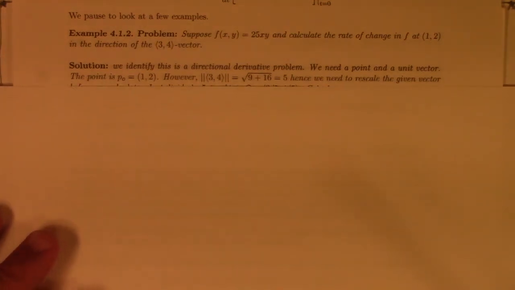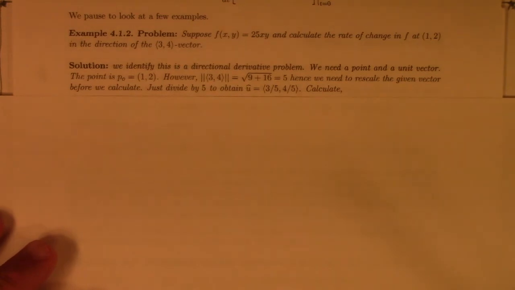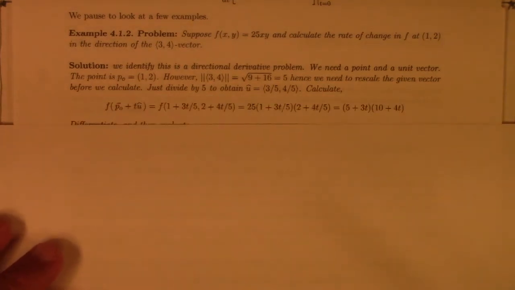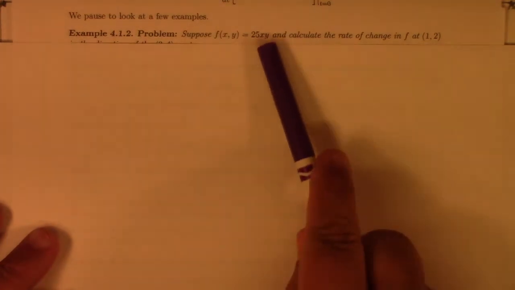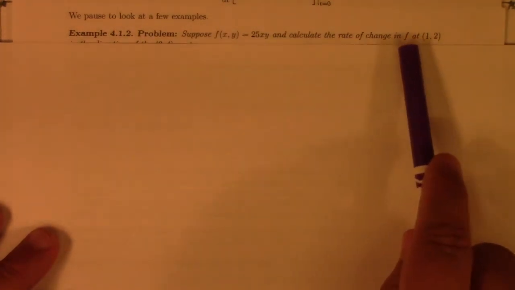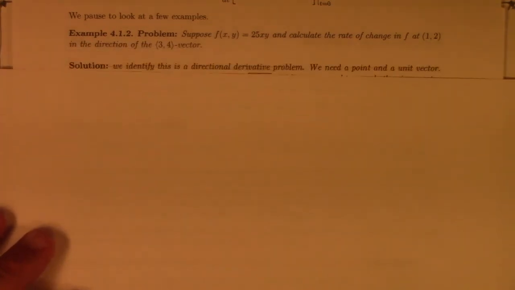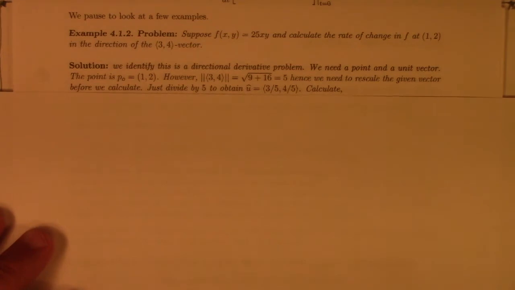Actually, 3, 4 is not a unit vector, so I have to divide by 5 to make it a unit vector. And so I need a function. Oh, there's my function. I failed to read my problem. f(x,y) is 25xy. I want to calculate the rate of change of f at the point 1, 2 in the 3, 4 direction.